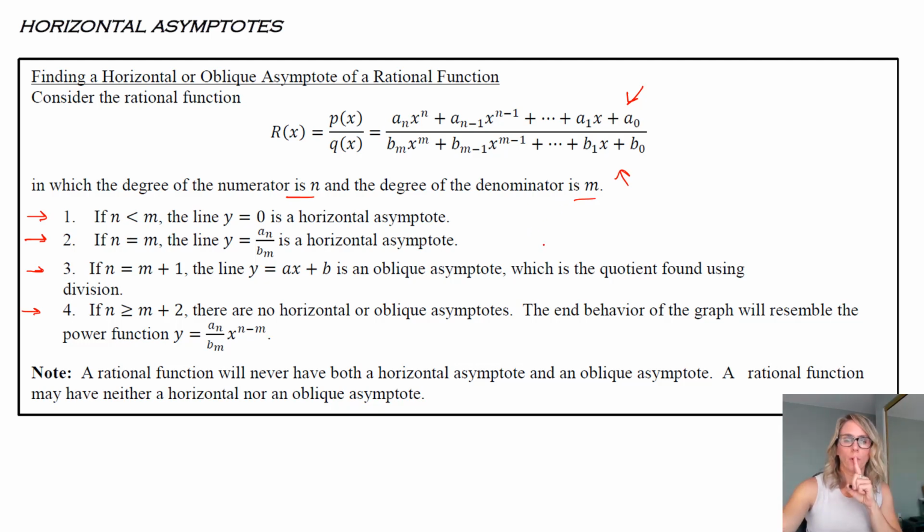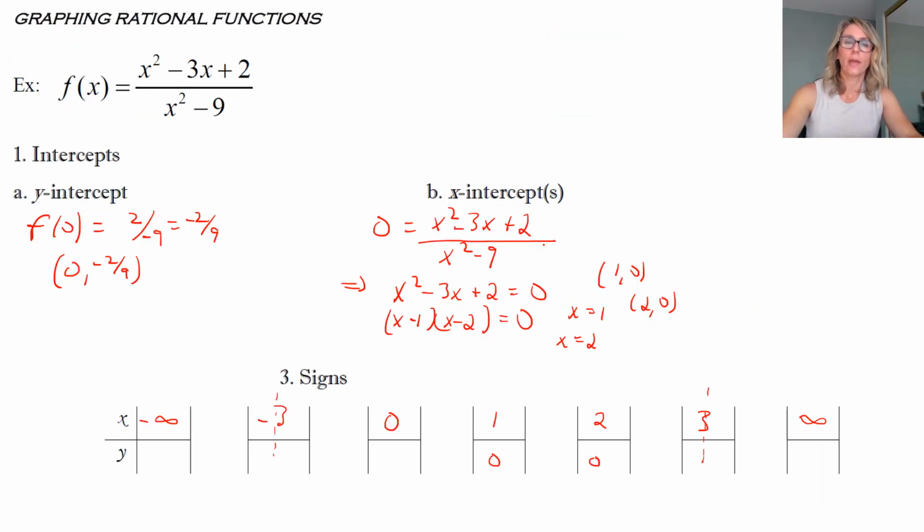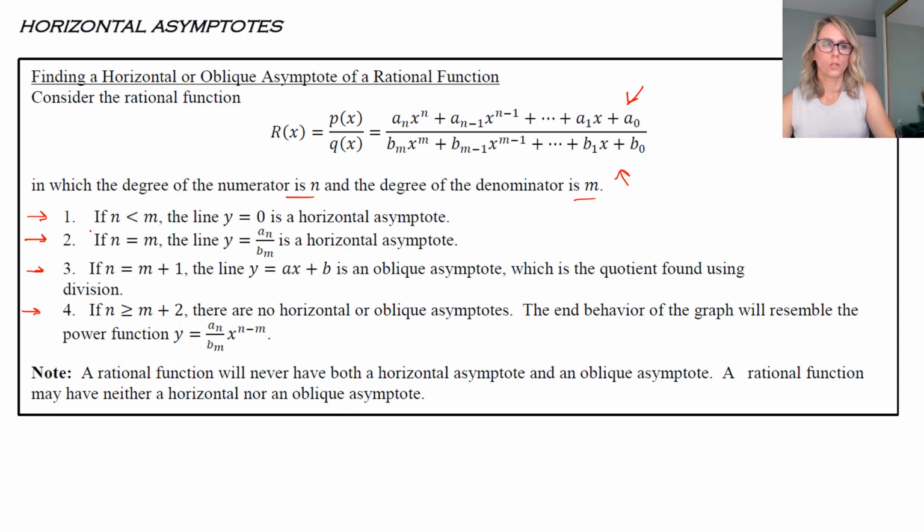Now, in our first example, let's come back over here. Our first example here, they are the same. So the degree of the numerator is the same as the degree of the denominator. That's going to be situation 2. So we're talking about horizontal asymptotes.